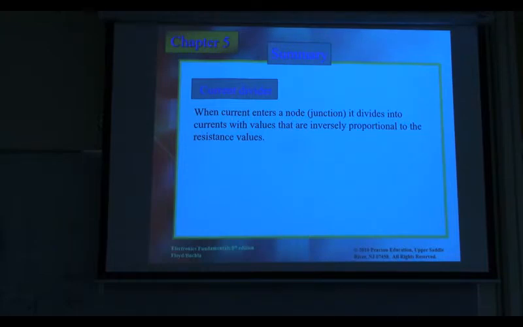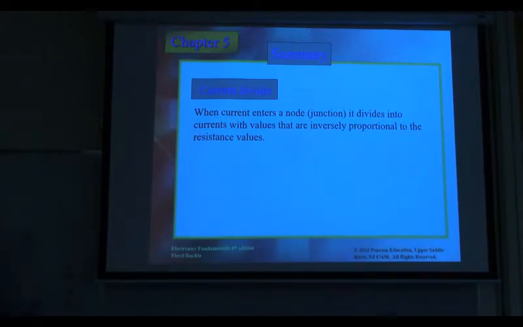This branch is broken. So what is I1 if R2 equals infinity? It will be IS, because there will be no current flowing this way. All the current goes through R1.